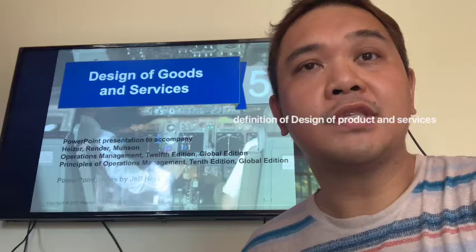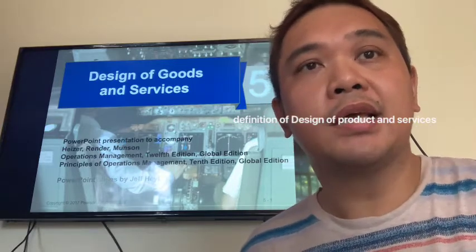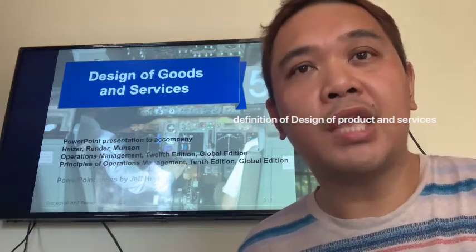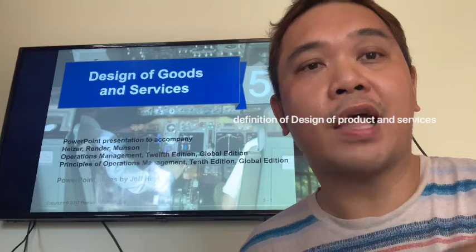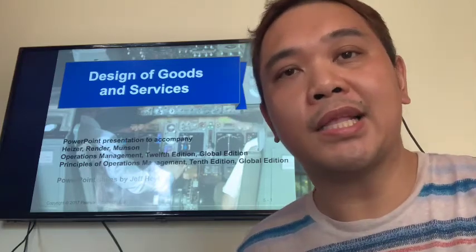So product, service, and design refers to the entire process of engineering a potential future product or service, including its form, fit, and function. So totality of the product ang pag-uusapan natin ngayon.